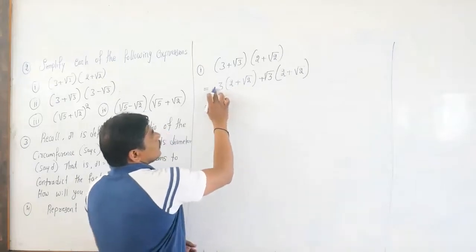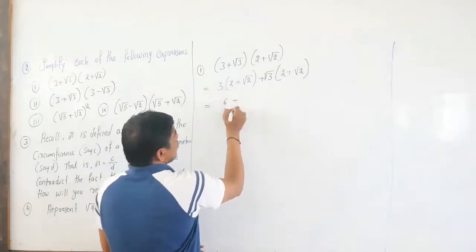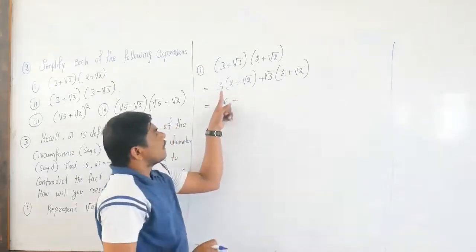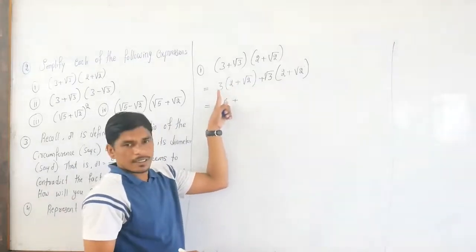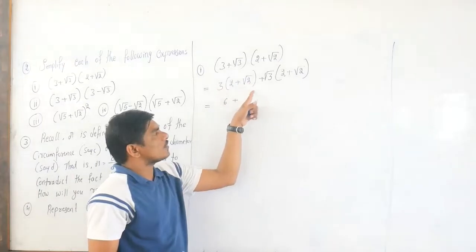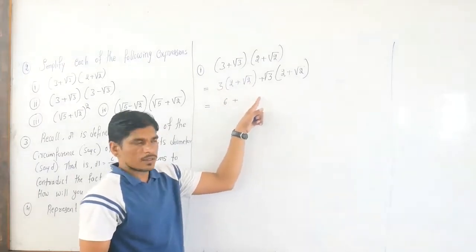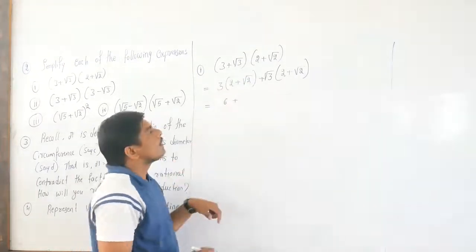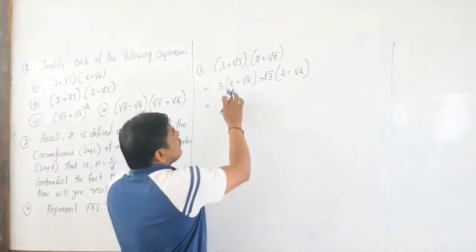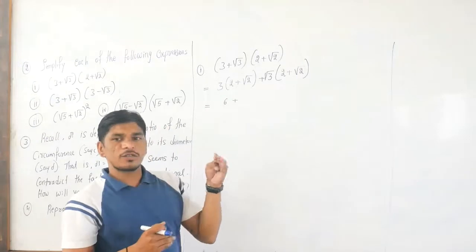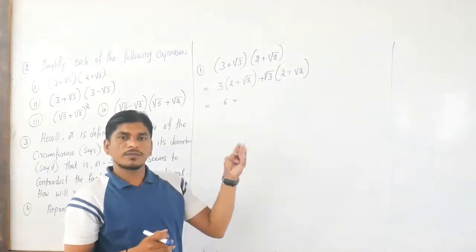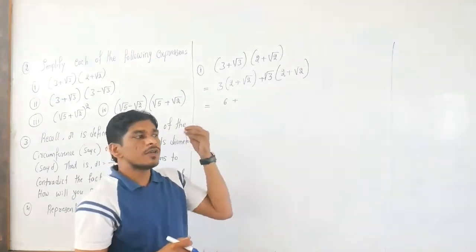Next, here positive into positive is positive. But here is a rational number and this is an irrational number. Directly you don't multiply 3 into 2, root 6. Don't write it because this procedure is completely wrong. Now the multiplication procedure is you multiply rational to rational, irrational to irrational, rational to irrational.